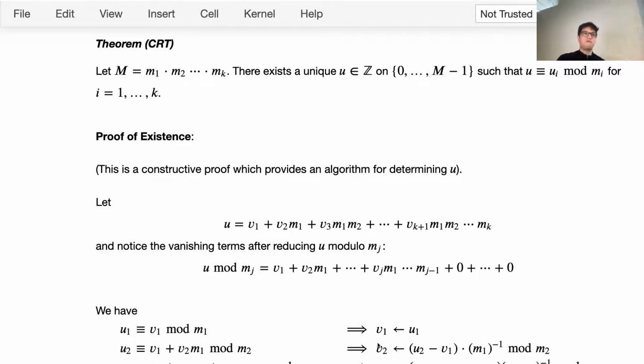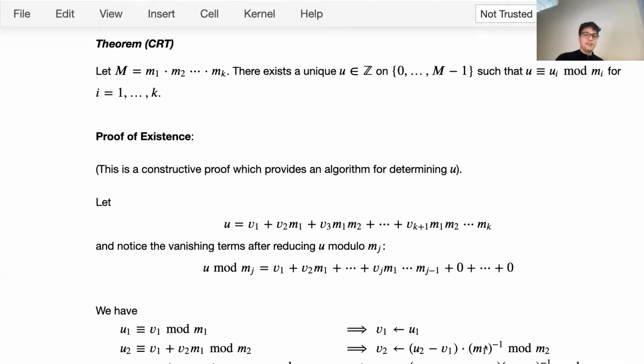So now I have v1. So how do I get u2? Well, u2 now is this whole thing mod m2. If I have v1, I just have to reorganize this equation, and I get v2 is u2, which is known, minus v1, which is known, times the inverse of m1 mod m2.